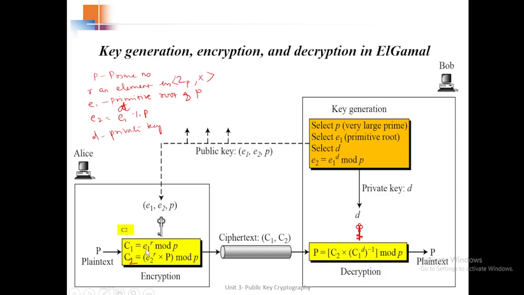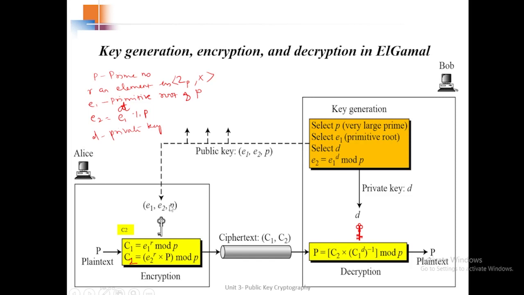C1 is equal to E1 to the power R mod P, where R is an element of ZP. Then after calculation of C1, C2 is calculated. C2 is equal to E2 to the power R into the plain text value mod P. These two values are taken as a pair of ciphertext. So the ciphertext is the value of C1 and the value of C2.